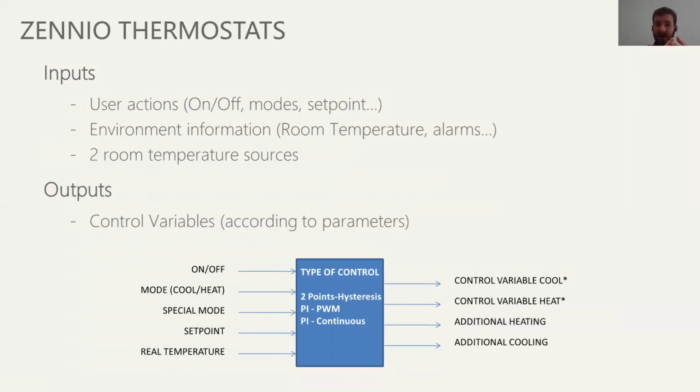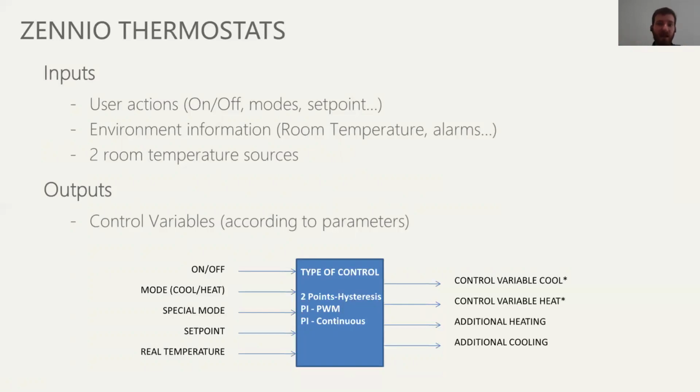Environment information: room temperature, if there's an alarm. So all of our thermostats, you can configure an object called window alarm, which can be used with a window or with whatever 1-bit object where you want that to turn off the thermostat.